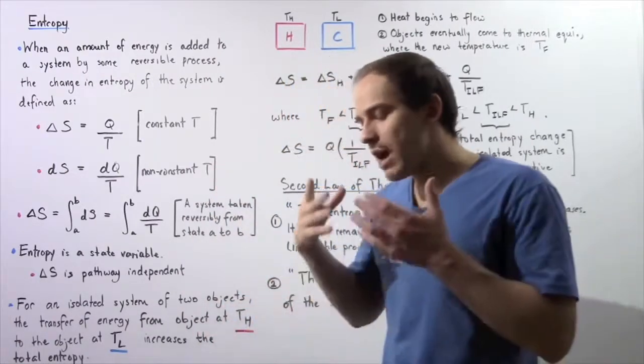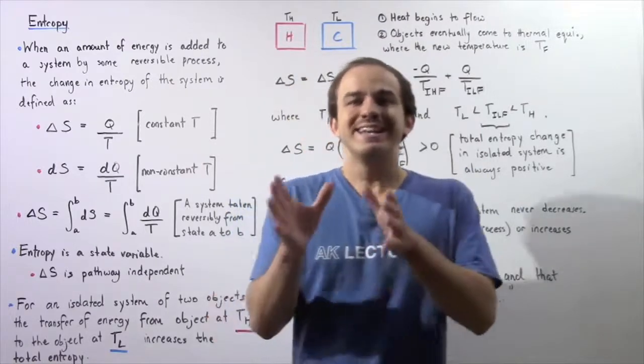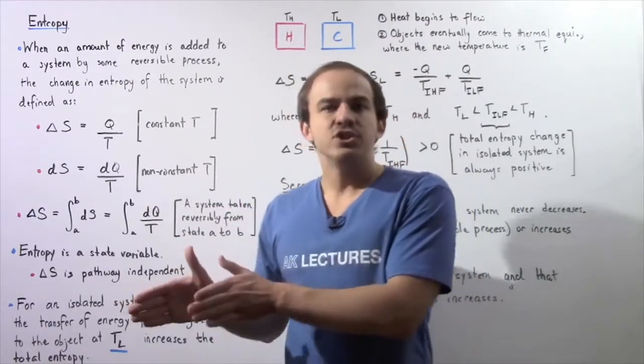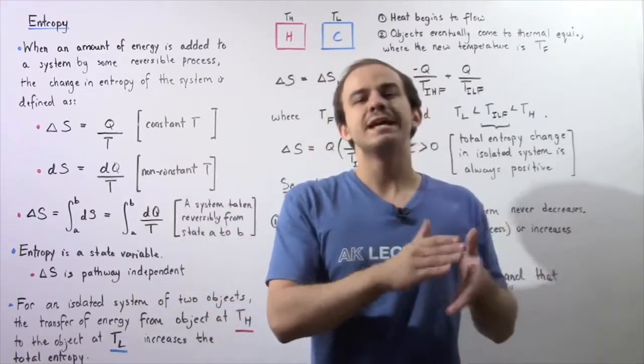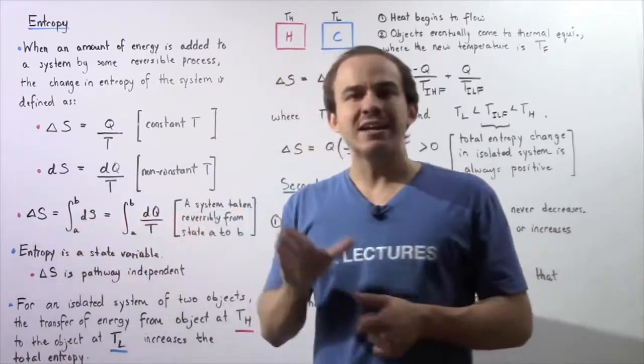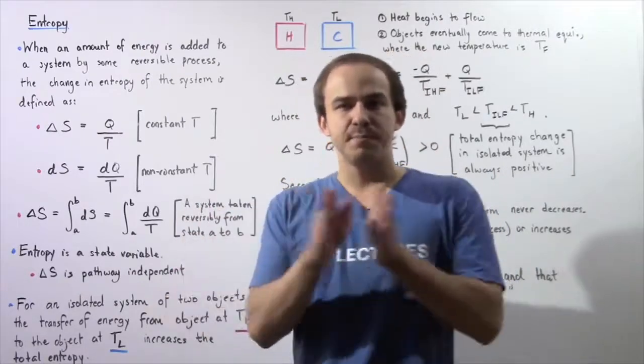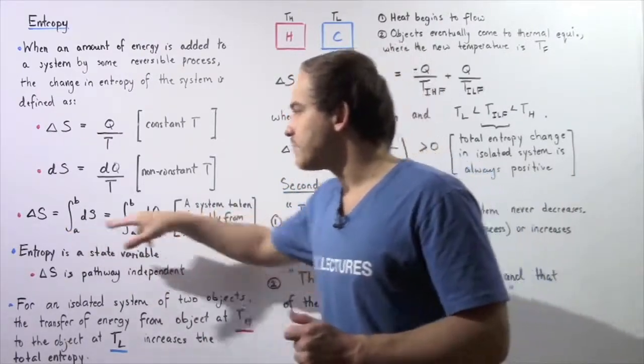Now, let's suppose we take our system from an initial state A to a final state B. So we can define the change in entropy during that process in the following way.